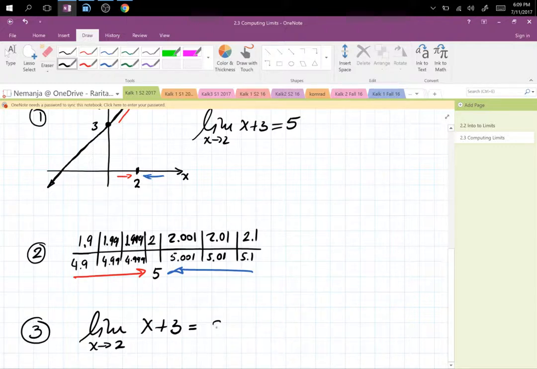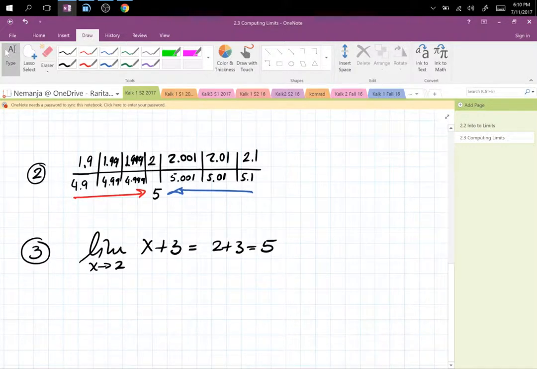So this will be 2 plus 3, which is 5. You clearly cannot do that for 1 over x squared because it will give you 1 over 0. But in this case, you can. So if you are able to just plug in a value and get the number, you are done automatically.